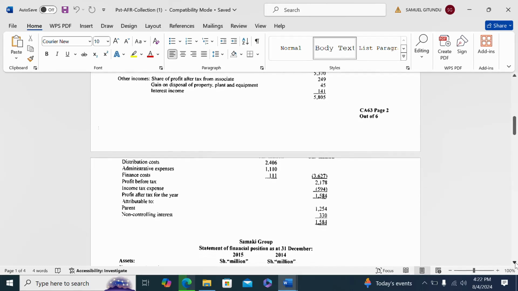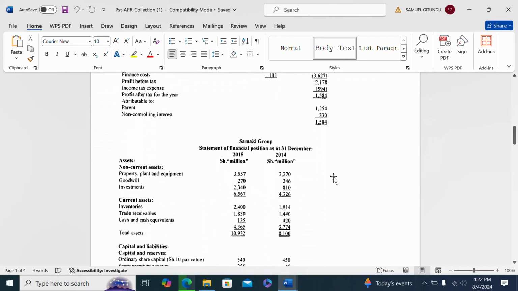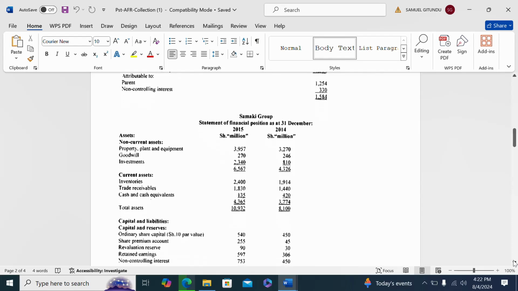So then you are given the two balance sheets or the two statements of financial position as at 31st December 2015 and 31st December 2014. So you have non-current asset, current asset, total asset.